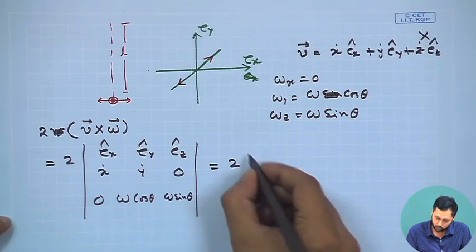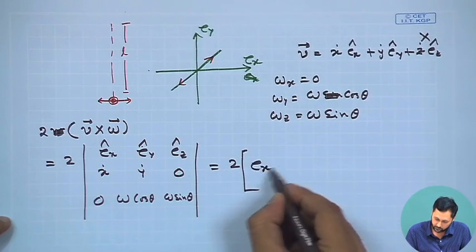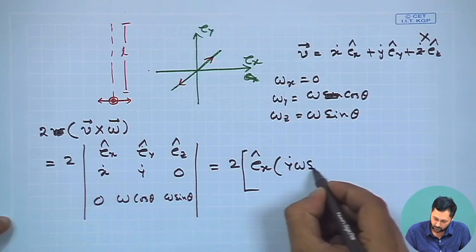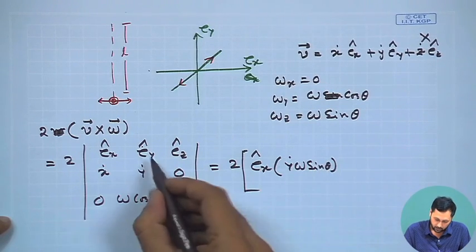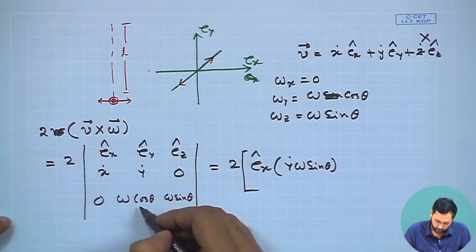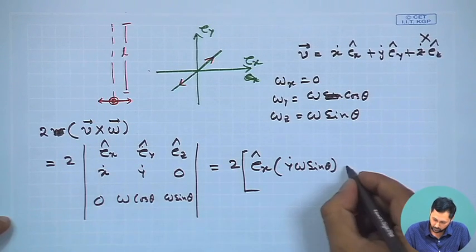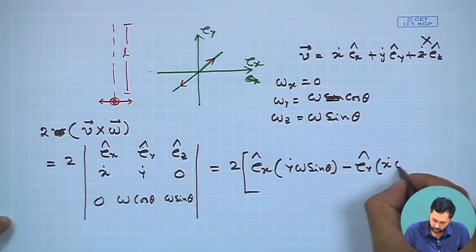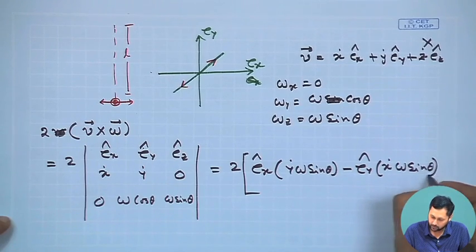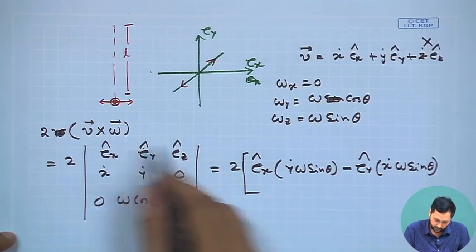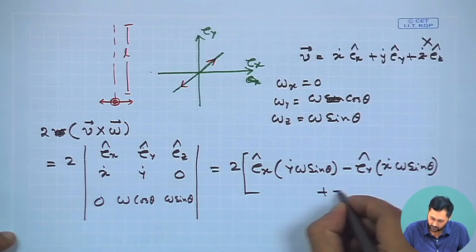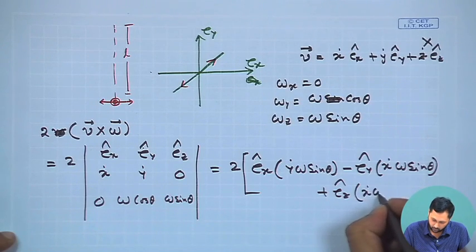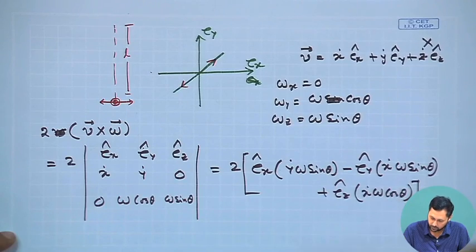So, this will be 2 times Ex cap y dot omega sin theta, and for Ey, the first term will be 0, it will be minus Ey cap x dot omega sin theta, right, and then there will be an Ez term which will be equal to x dot omega cos theta, right.